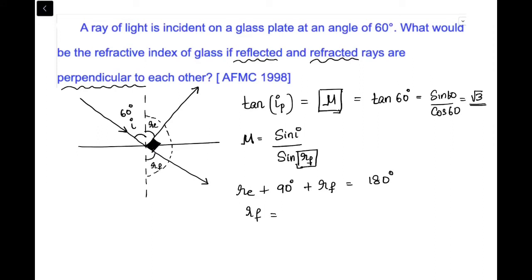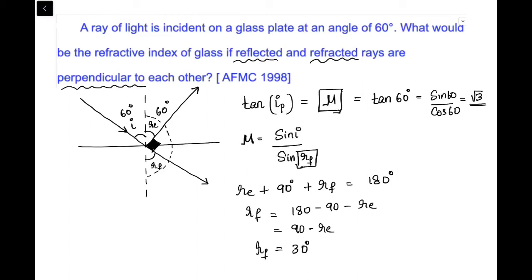RF will be equal to 180 minus 90 minus RE, that is equal to 90 minus RE. What is RE? The angle of reflection. The angle of reflection will be equal to the angle of incidence, 60 degrees itself. So 90 minus 60, you get 30 degrees. Thus the angle of refraction became 30 degrees.